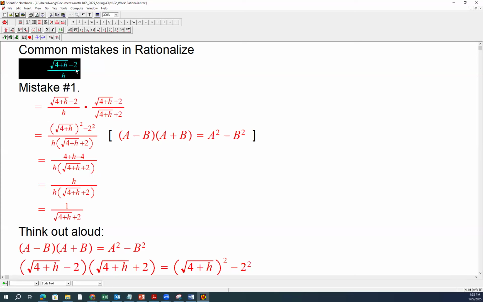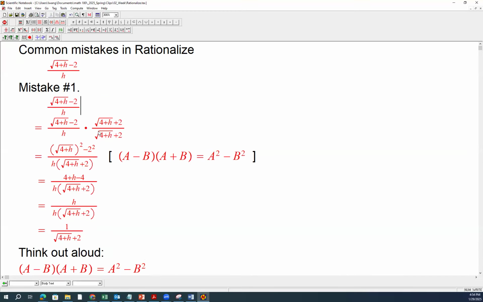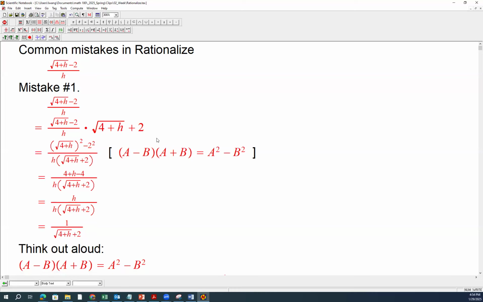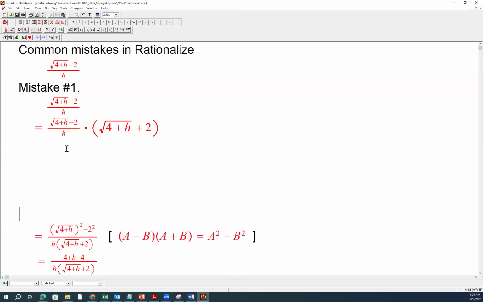The first mistake we saw is this: instead of writing the conjugate as number one, some people write it like this, maybe with parentheses, but this is a mistake.